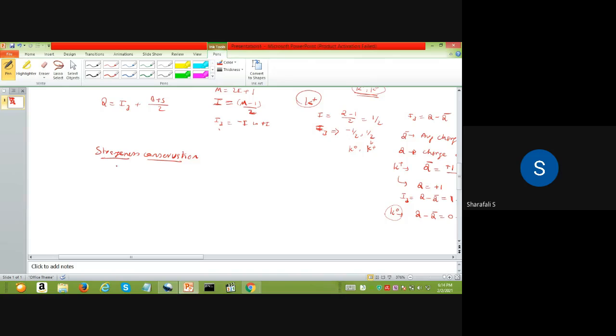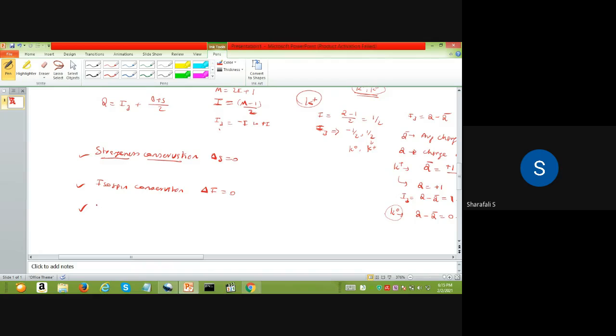Then, if you consider the strangeness conservation, in this case your delta S should be equal to 0. In isospin conservation, your delta I should be equal to 0.